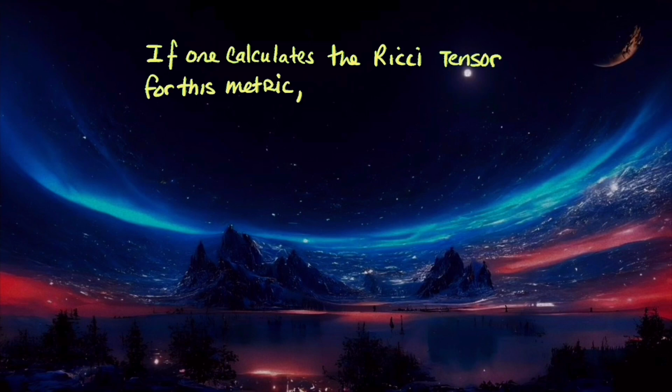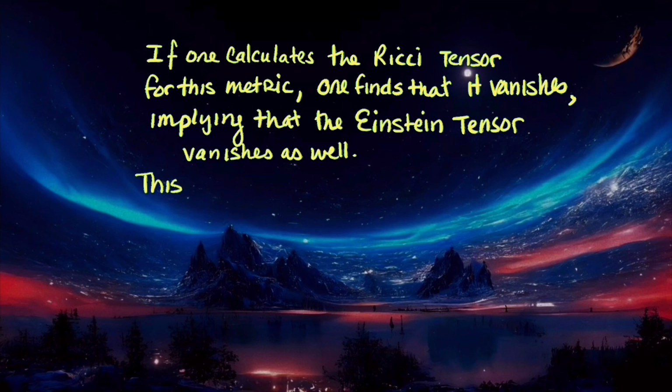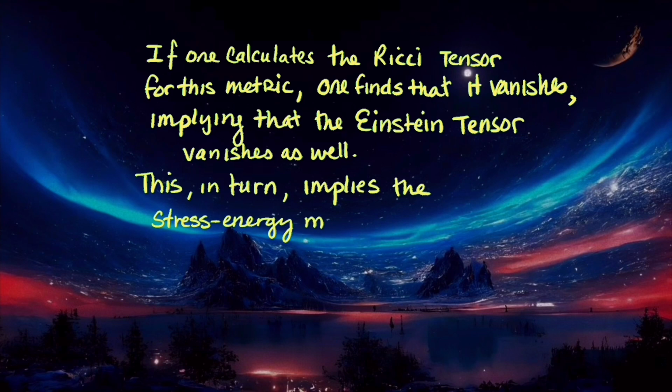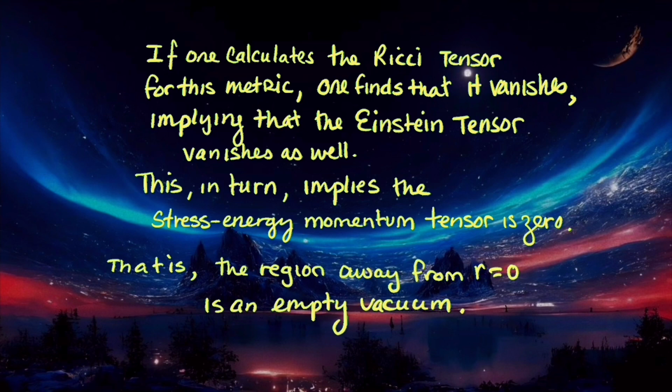Now, if one calculates the Ricci tensor for this metric, one will find that it vanishes, implying that the Einstein tensor will vanish as well. This in turn implies that the stress-energy tensor will also be 0. That is, the region away from r equal to 0 is an empty vacuum.